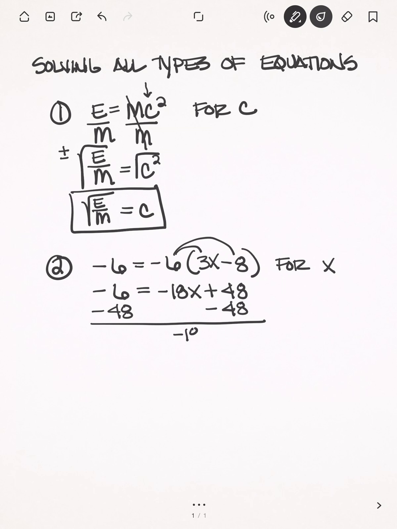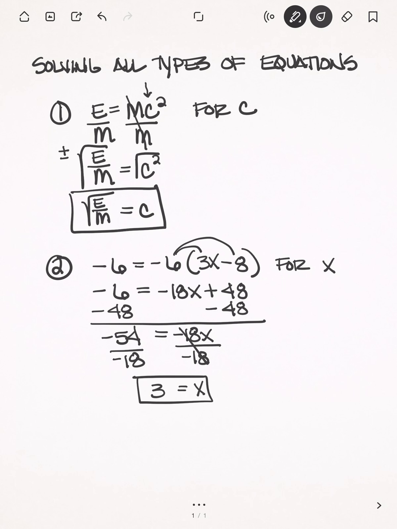And I get negative 18x is equal to, when I add those two together, and they can become even more negative, I get negative 54. When I divide both sides by negative 18, I get x equals 3. So hopefully you got that answer.